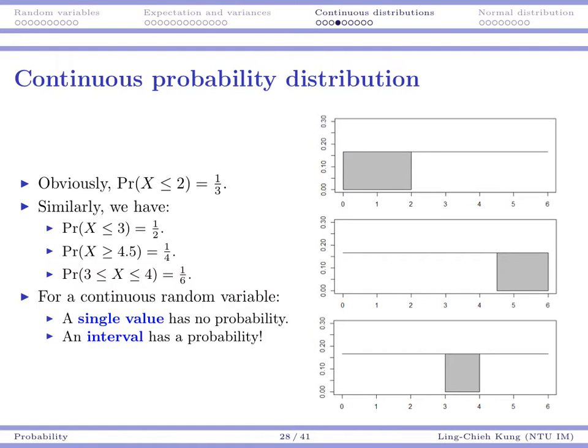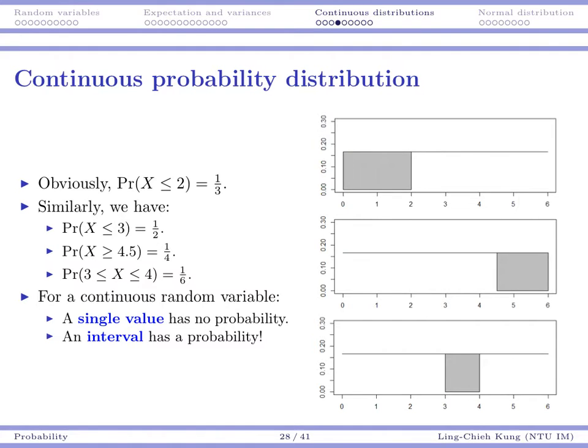So obviously this probability must be 1/3. Similarly, if we ask you the probability for x to be less than or equal to 3, intuitively we say it's 1/2. For x to be greater than or equal to 4.5, it's 1/4. For x to be between 3 and 4, we know it's 1/6.